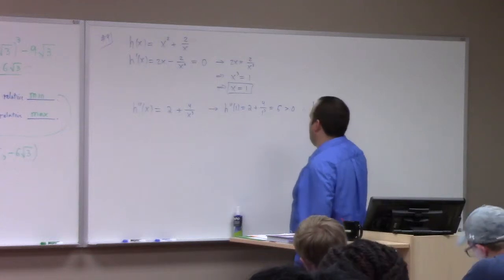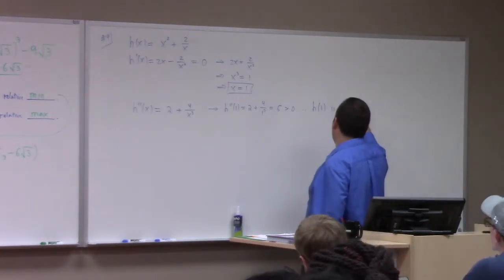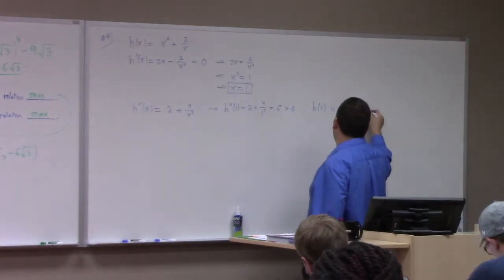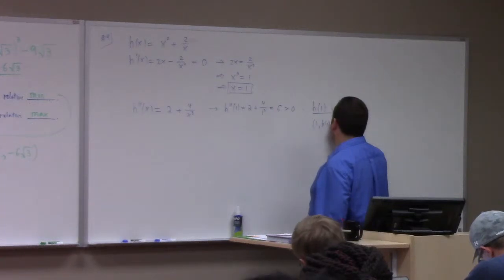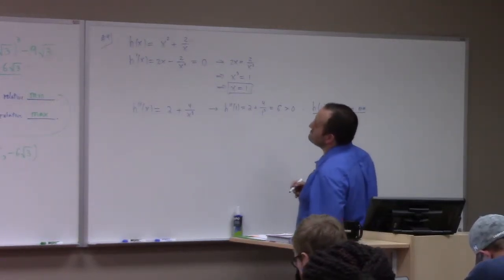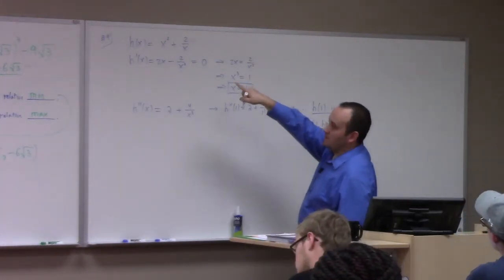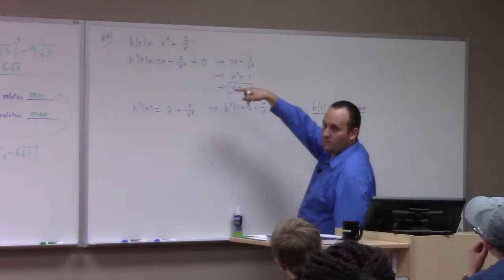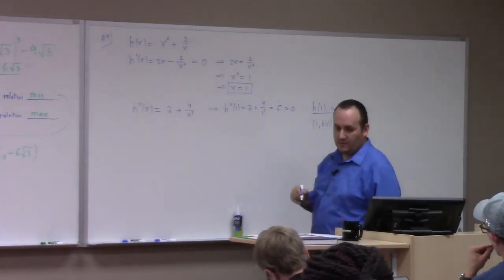Therefore, h of 1 is a relative minimum. Indeed, the point would be 1 comma h of 1, right? Which would actually be what? Plug in 1 into h, we get 1 plus 2 over 1, 3. Yeah. So there it is, the point where the relative minimum is.